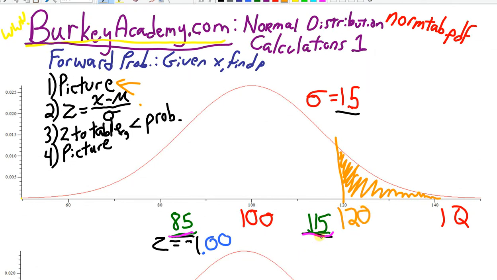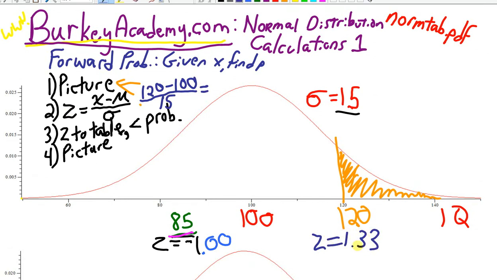Let me clean up some of this stuff here. So 120 minus the mean, always 100, at least if we're talking about IQ, and then divide that by the standard deviation of 15. And we get a z-score of 1.33.